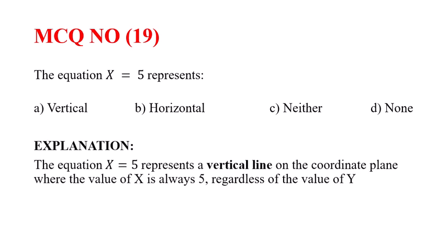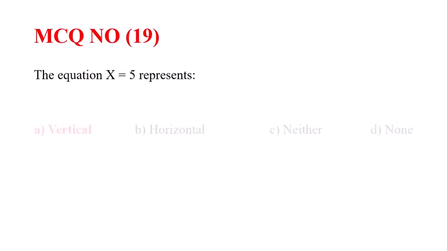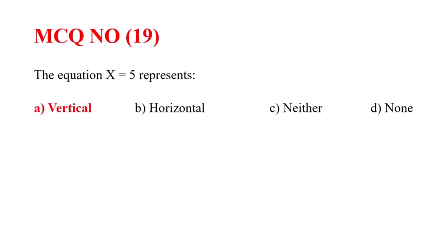Explanation: the equation x is equal to 5 represents a vertical line on the coordinate plane, where the value of x is always 5 regardless of the values of y. So the final answer is A. Option A is correct, vertical.